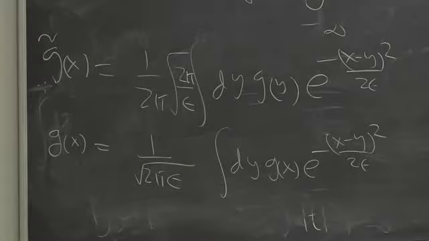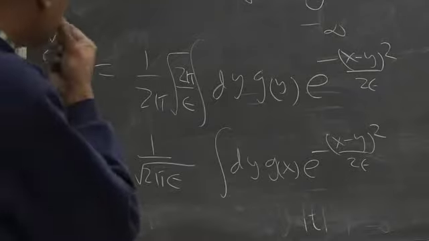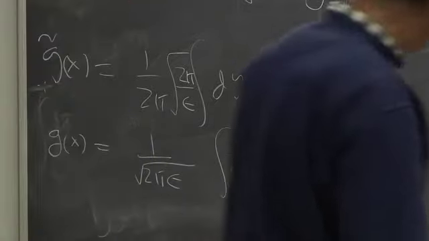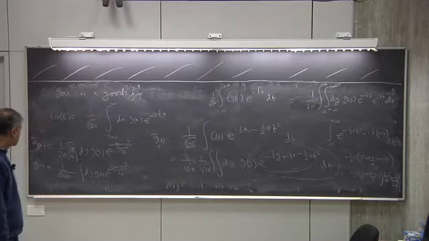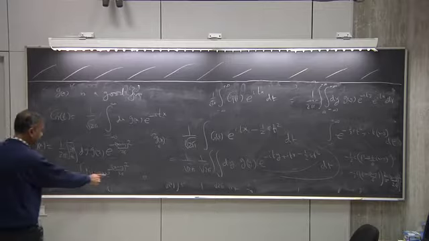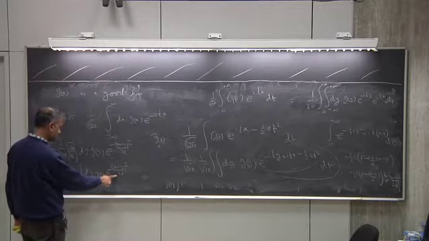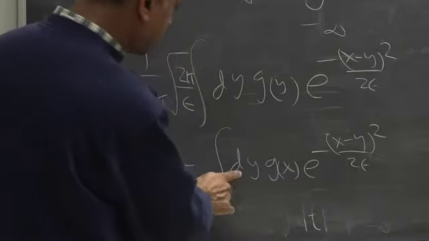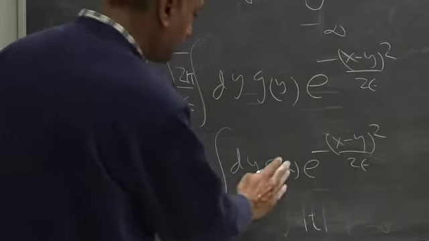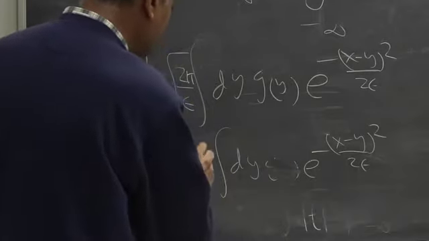Is that correct? It's again the same thing, because you can scale it. I'm integrating over y, so this g of x you can take out, there's not a problem, right?